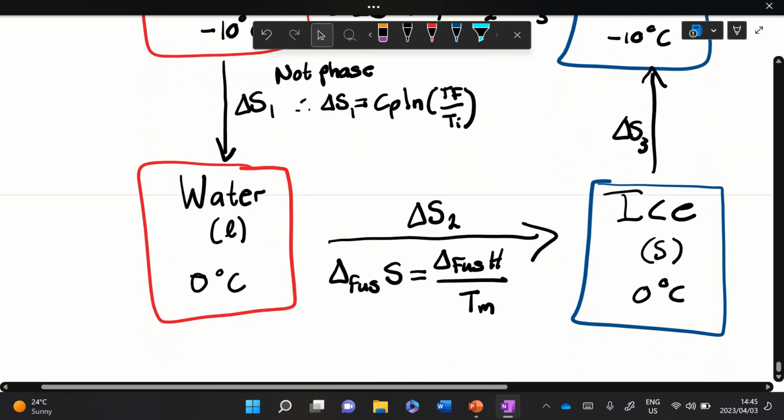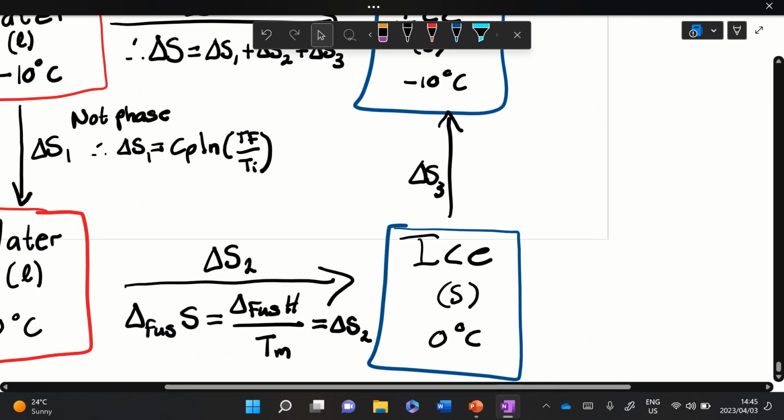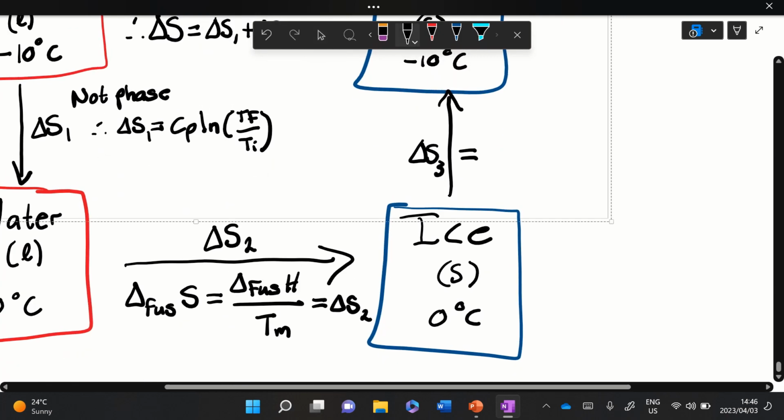So delta S fus is equal to delta S2. Delta S3 is again not a phase change.